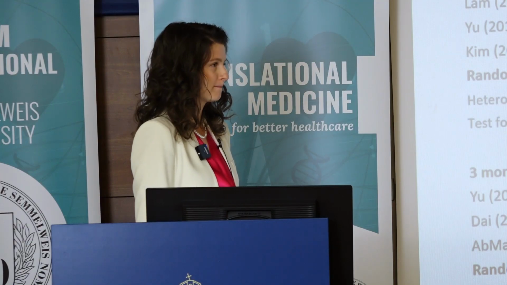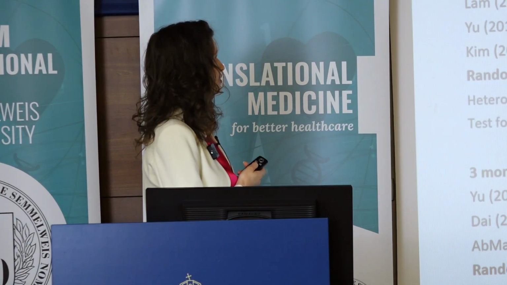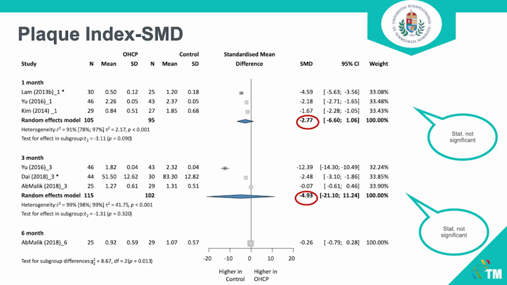Okay. And my third question is concerning clinical relevance. You said in case of one of the forest plots that it's clinically relevant but not significant. What is the basis of this statement? Well, we can measure the plaque index between 0 and 3.